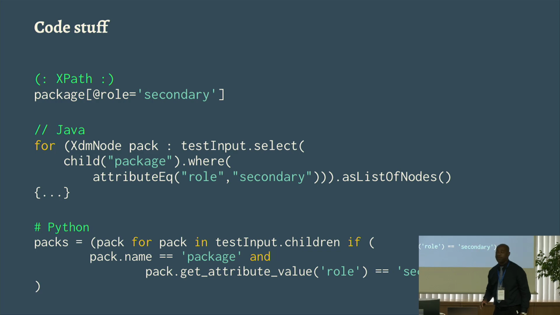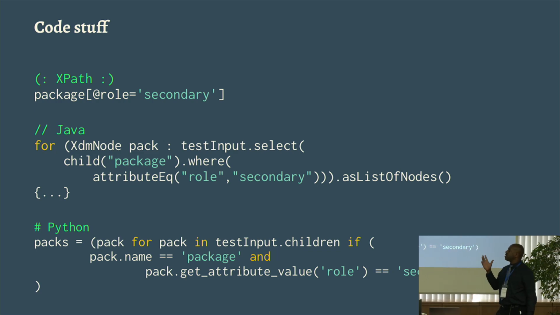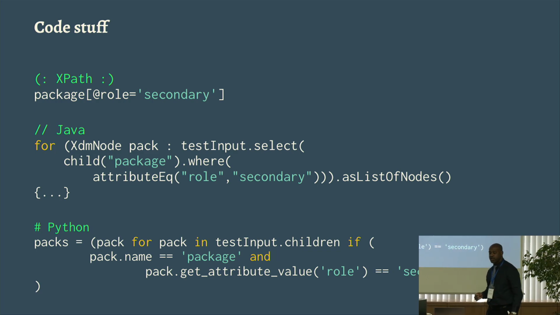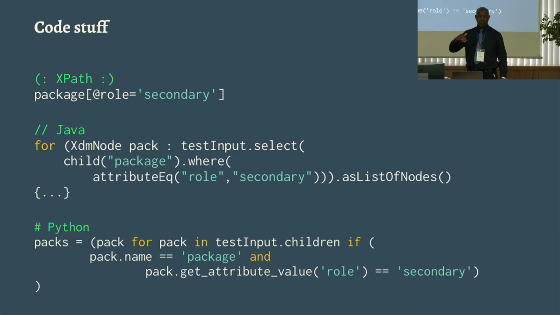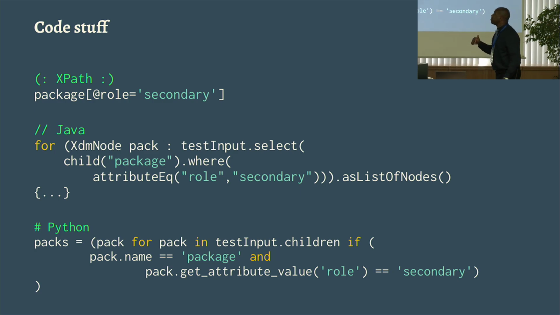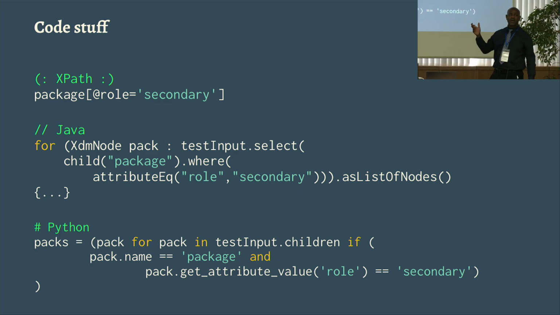Some more code examples. Think of an XML document which has a lot of package elements, and we want to select all the packages that have an attribute with role equals secondary. In Java, you can use the stream API, Saxon, and it's quite elegant already.